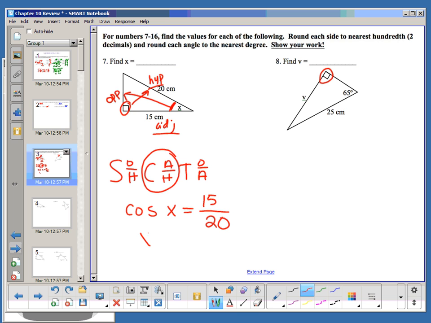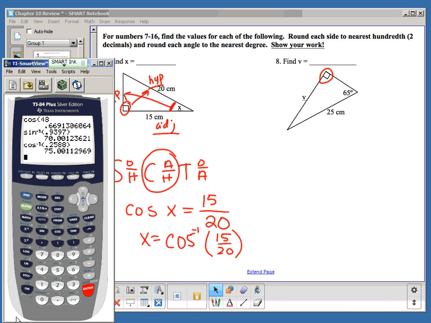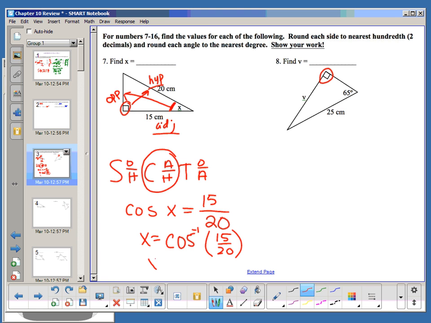Well, that means X is going to equal cosine inverse of 15 over 20. So I need to cosine inverse both sides. And when I go to my calculator, cosine inverse of 15 divided by 20 is 41.4. So my angle X is equal to 41.4 degrees.